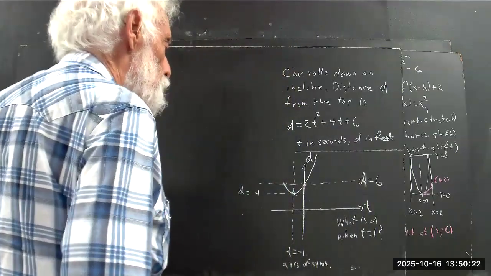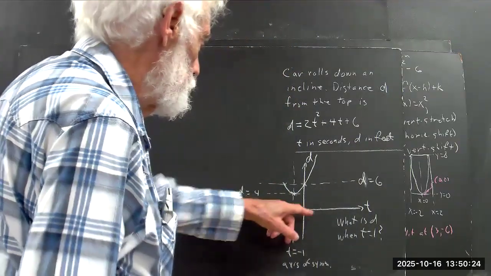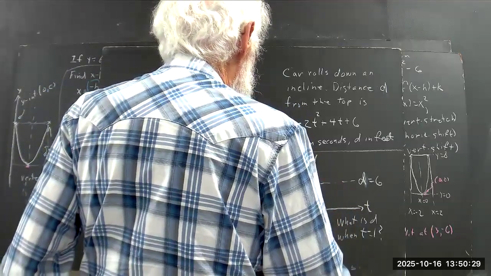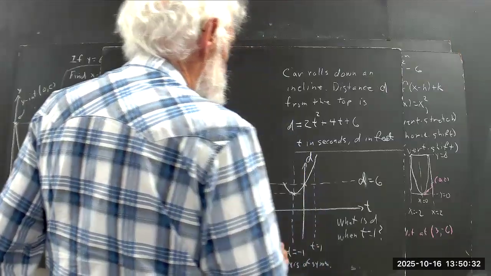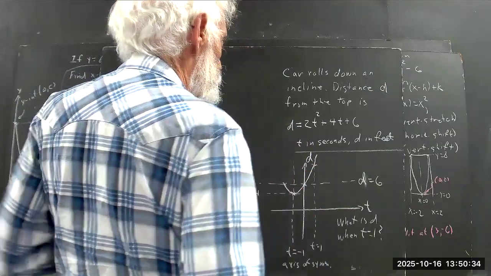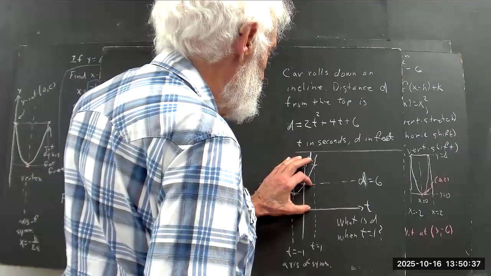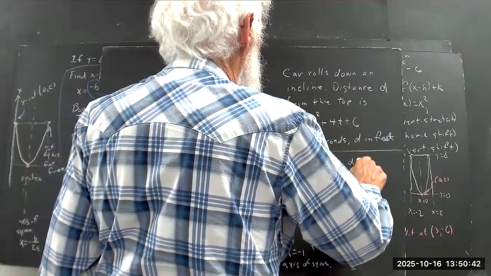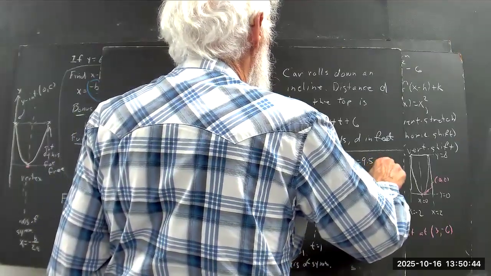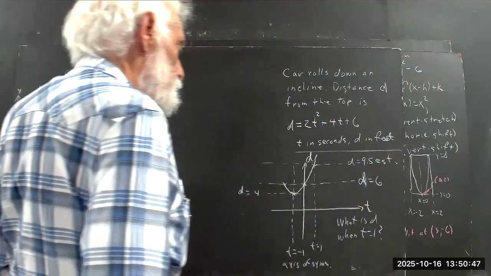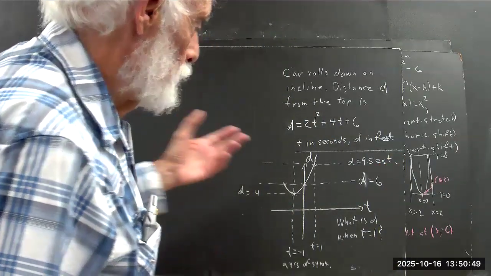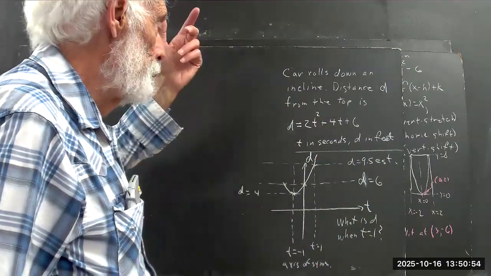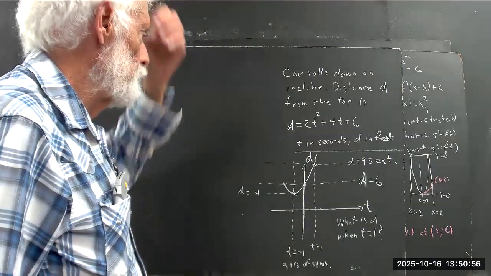What is D when t equals 1? Well, we can go to the graph and estimate it. And that's our point here. And if this is 6, then there'd be 12 here. This looks like D equals about 9.5. That's estimated. What can we do? When t equals 1, we can plug that in here. If t equals 1, we actually get d equals 12.